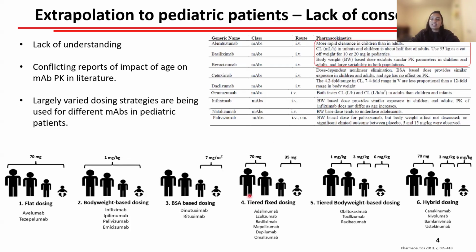As a result, selecting an appropriate dosing strategy for a new monoclonal antibody can be quite challenging, especially when clinical data is very limited and you have less generalized understanding of the influence of age related changes on PK. This really highlights the need to better understand how age influences antibody PK so that appropriate dosing strategies can be selected for new therapies.